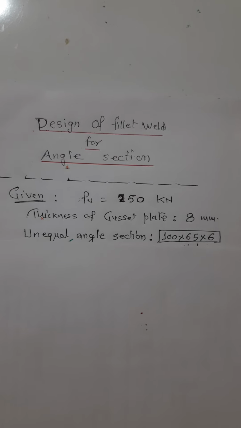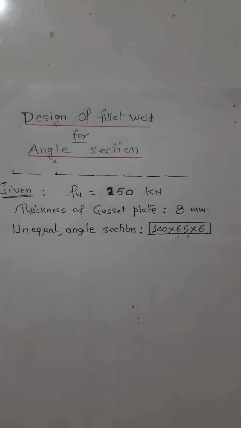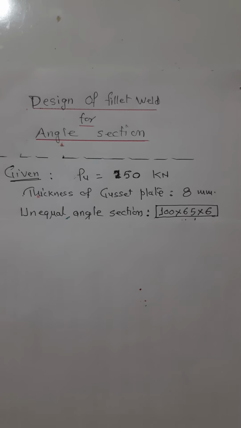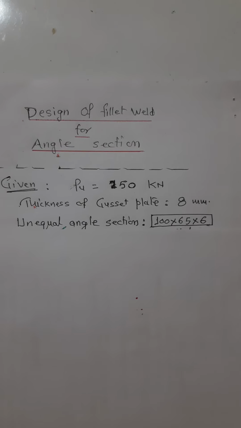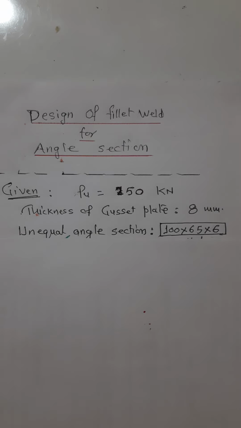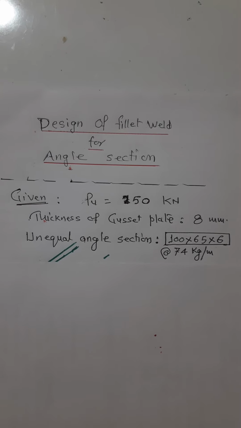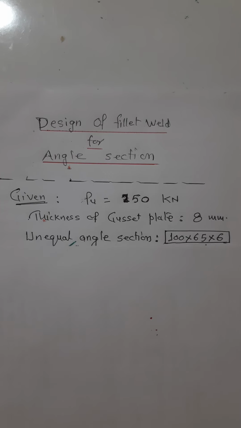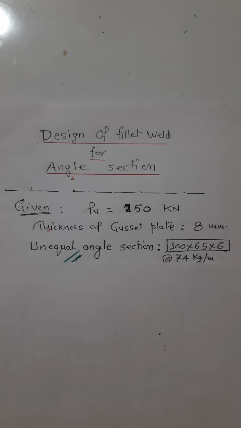An unequal angle section of 100 cross 65 cross 6 mm, with a weight of 74 kg per meter.